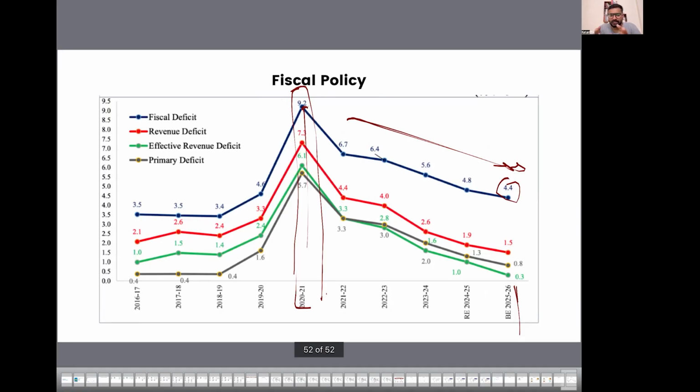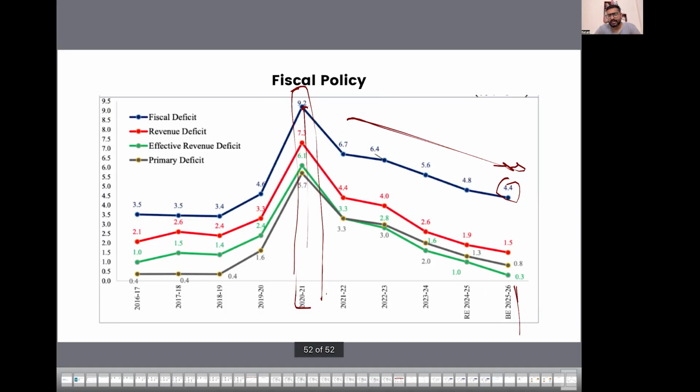So overall, the trend with respect to both monetary policy and fiscal policy has been similar. During the COVID lockdown period, we increased our fiscal deficit and also decreased the repo rate, so as to assist the Indian economy towards more activities.